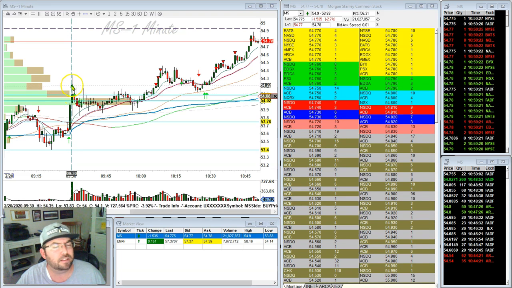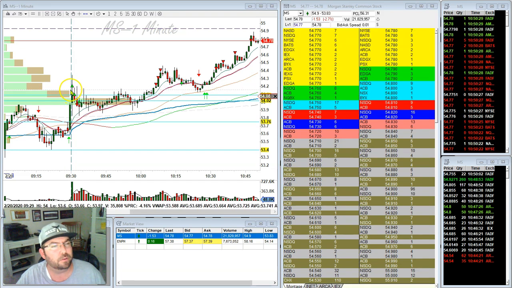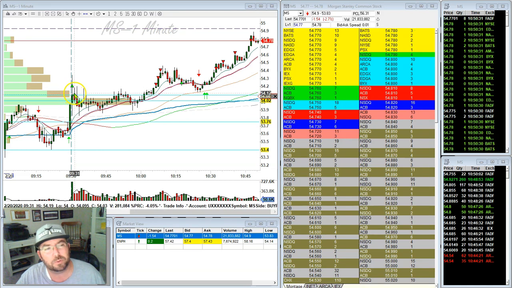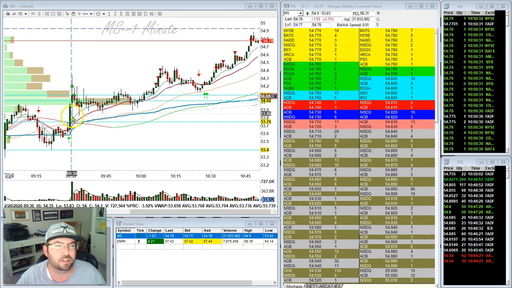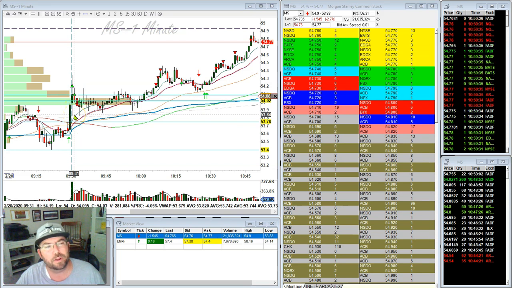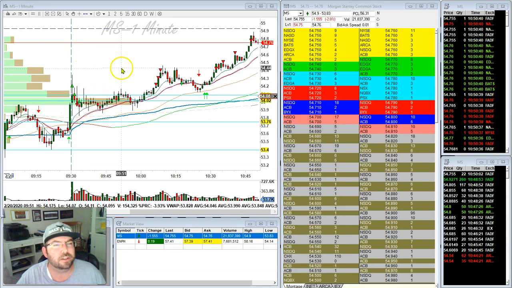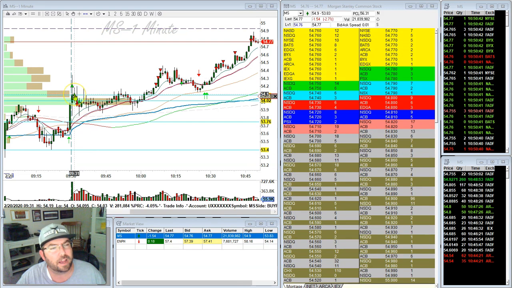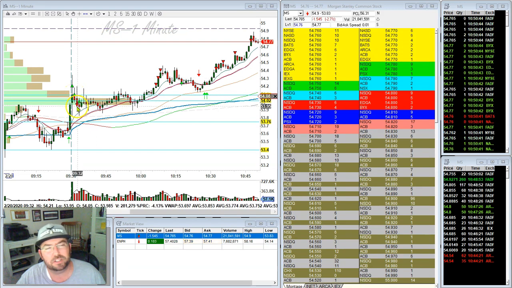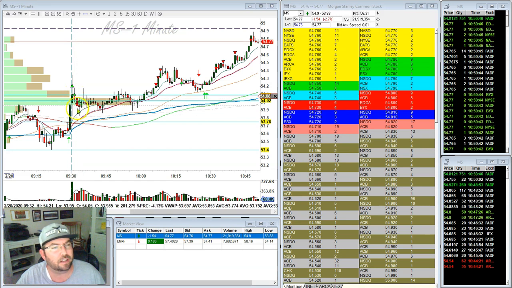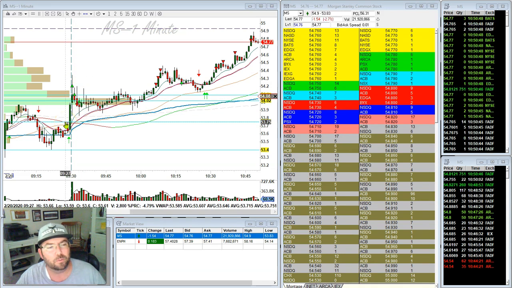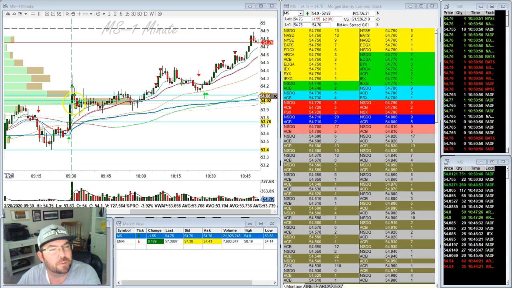By the time it came back and everything woke up, I was sitting right near this level here, and it actually looked pretty strong. Fortunately, I only took a small position; when I trade the open, I generally only trade smaller. The L2 looked really good for selling up there, and it was holding this, so I added in a little bit here, but then inevitably just took a stop out on it. I couldn't handle it, so I lost $100 right off the bat there. Not real happy about that.